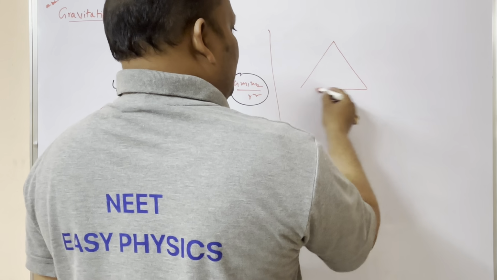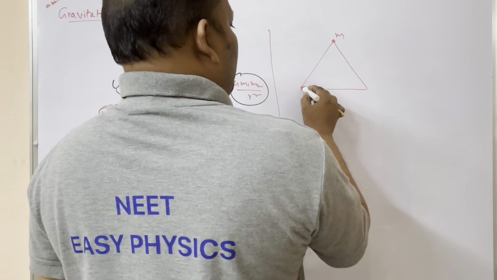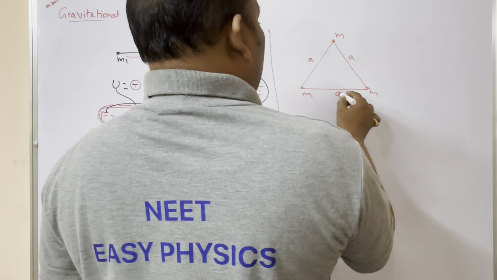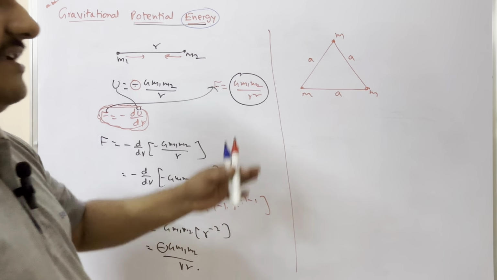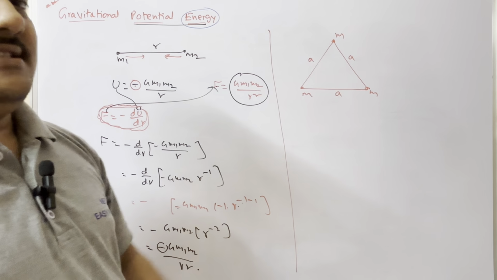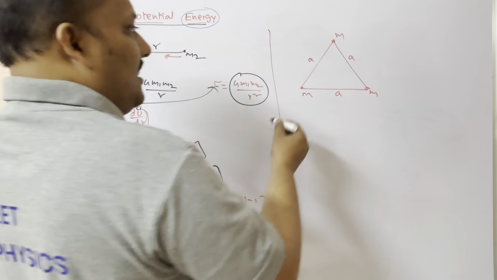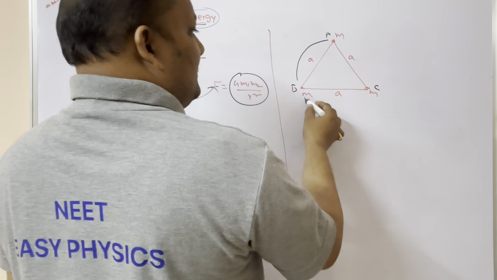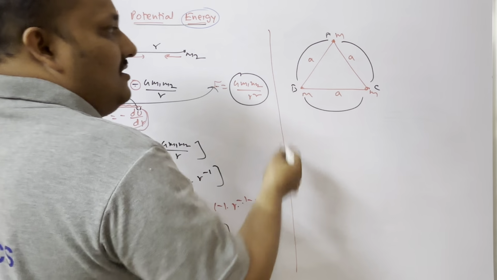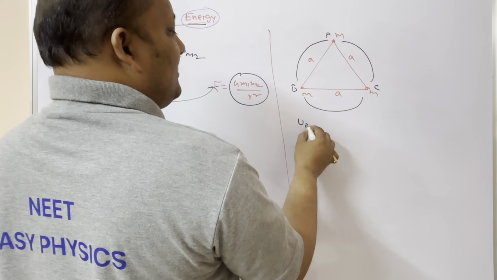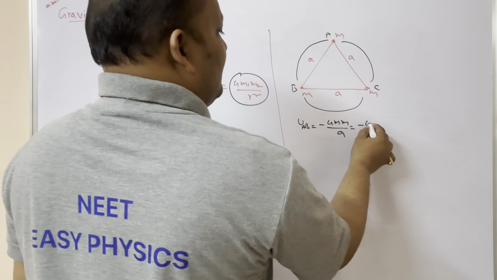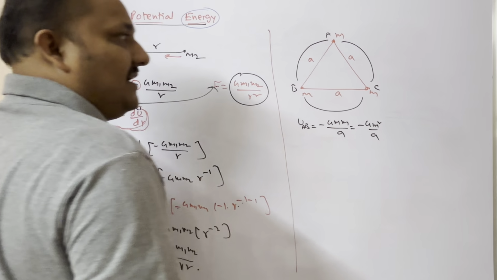If you are taking three masses, m, m, m, separated by distance a, a, a, what is the gravitational potential energy for these three mass particles? They are going to ask. For that, first we will see these two, next these two, next these two. First, between A and B, the gravitational potential energy is minus G m m by a, that is minus G m square by a.